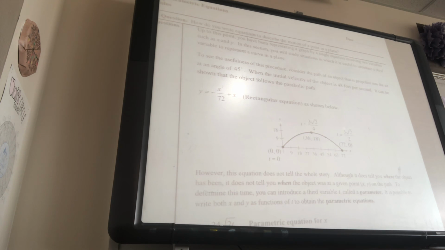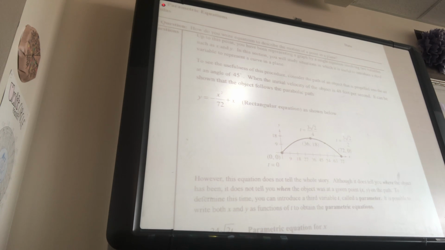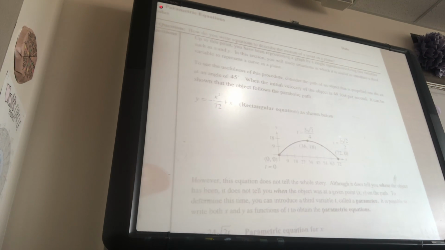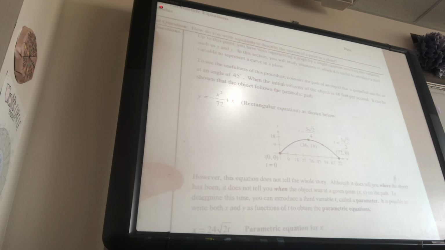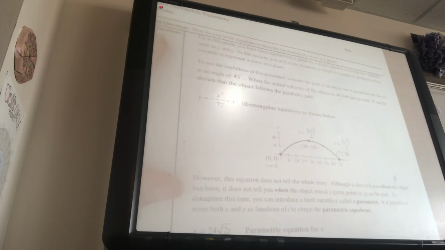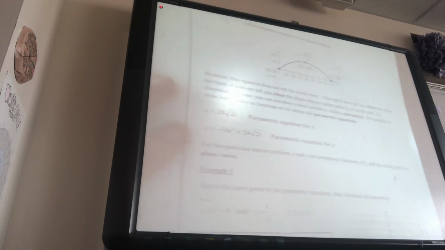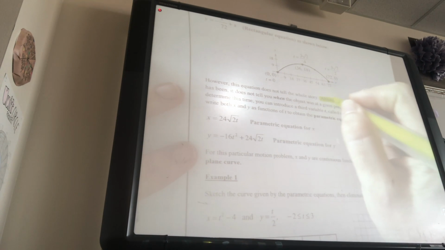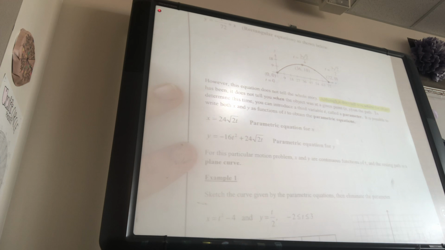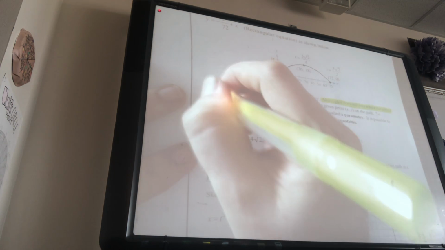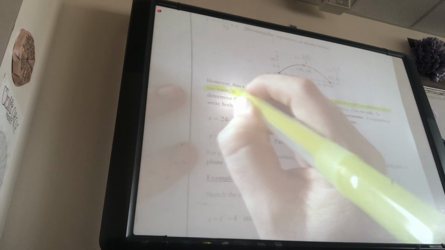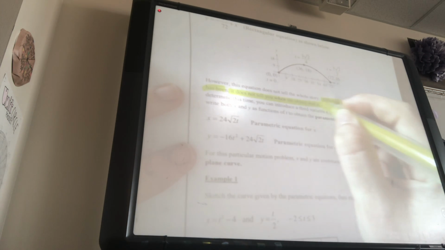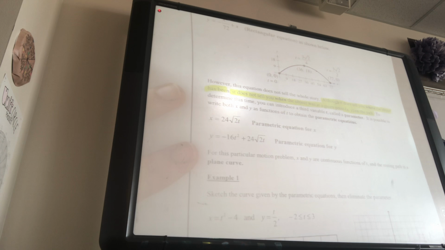The whole point of why I put this on here is because I don't feel like I gave you enough of an explanation last week as to why we would even care to do this, okay? But I feel like this line right here kind of sums it up. Although parametric equations, or most equations, tell you where the object has been, they do not tell you when the object was at a given point, okay?